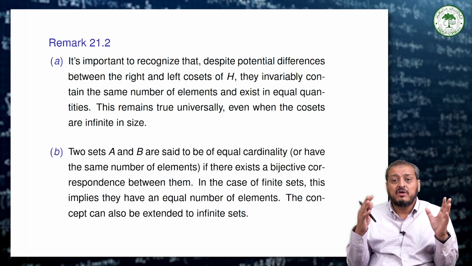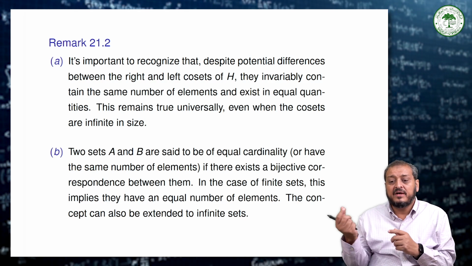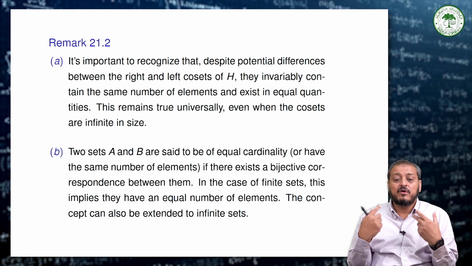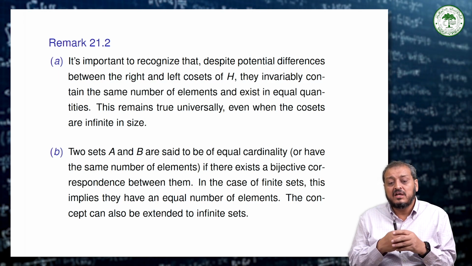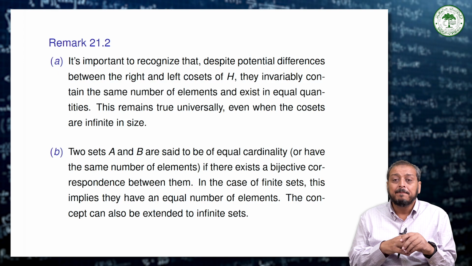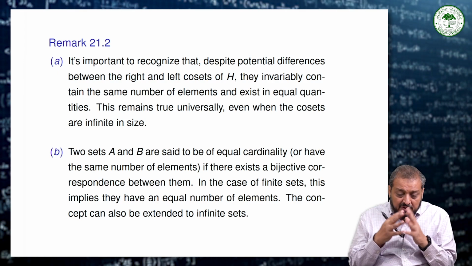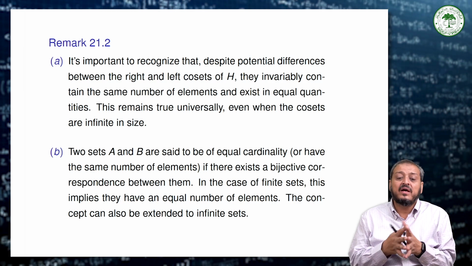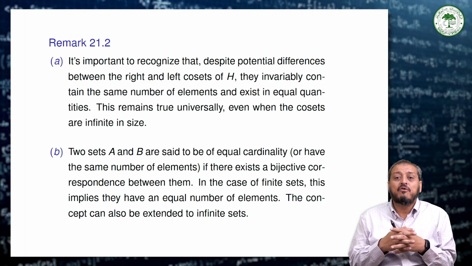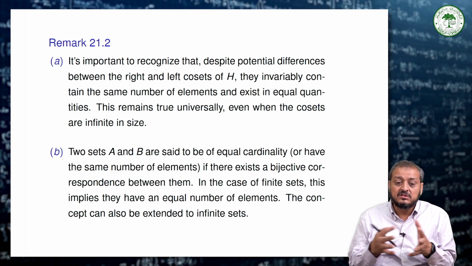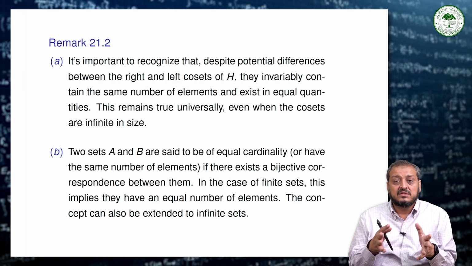Also, two sets A and B are said to have equal cardinality, or the same number of elements, if there exists a bijective correspondence between them. In the case of a finite set, this implies they have an equal number of elements. The concept can also extend to infinite sets.